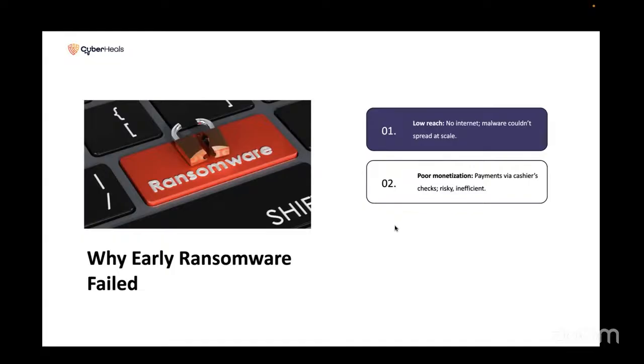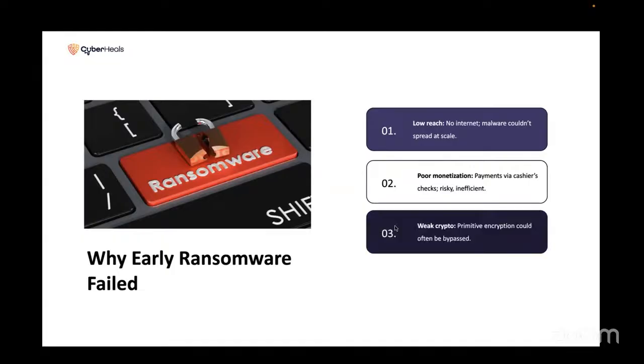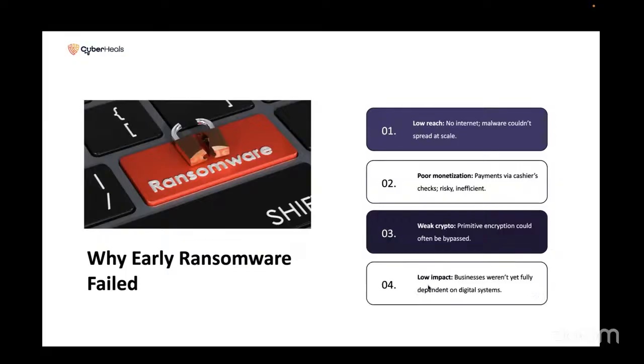Poor monetization, it was very difficult to pay money. Weak crypto, there was no cryptography. Low impact, businesses weren't yet fully dependent. There was no digital transformation. Everybody in those days had a rack of files to store data, patient information. Nobody was doing online payment.